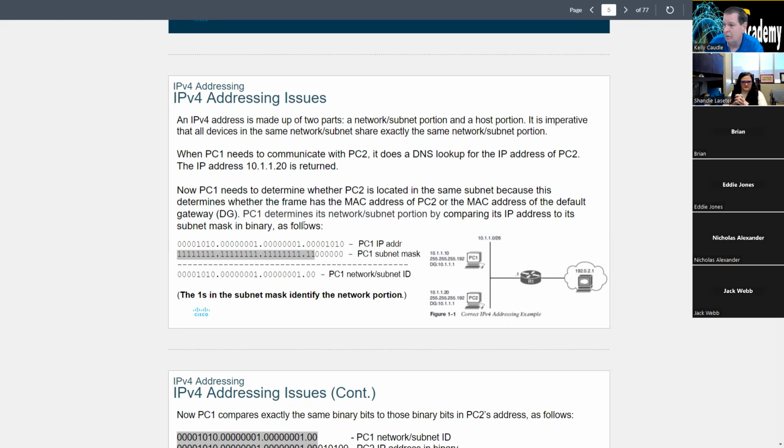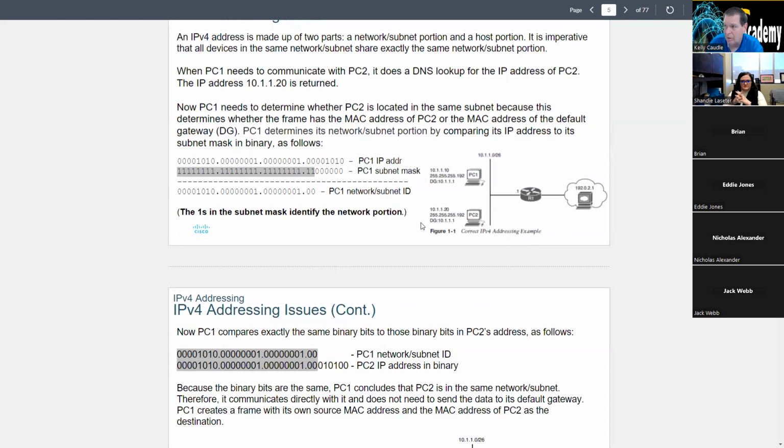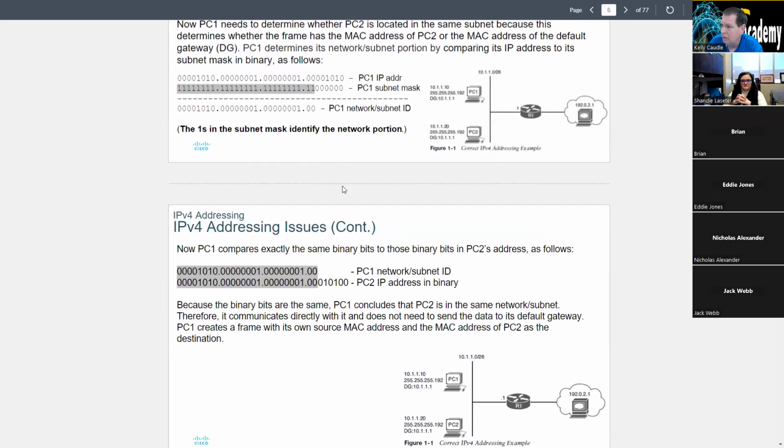It then takes the destination address, applies its configured subnet mask to find out what network that is on. If they don't match, it sends it to the default gateway. If it does match, it goes to the ARP table to see if it knows what the MAC address is to create a frame. If it does not, it will then do an ARP request and go forth and send it.